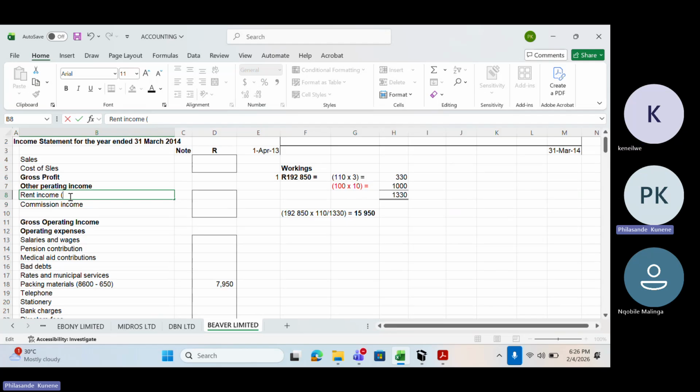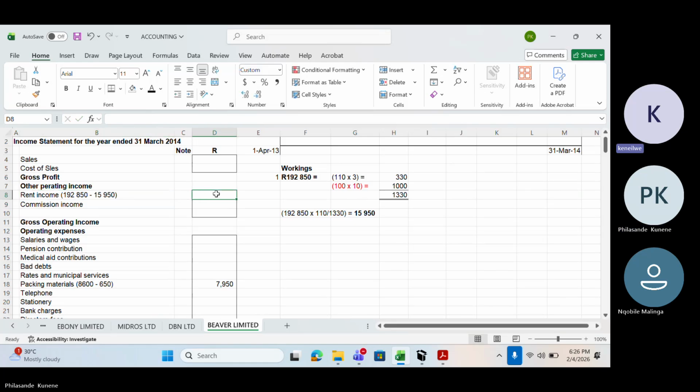So I'll go to my income statement and say 192,850 minus 15,950. And how much are you getting? $176,900. Okay, thank you.